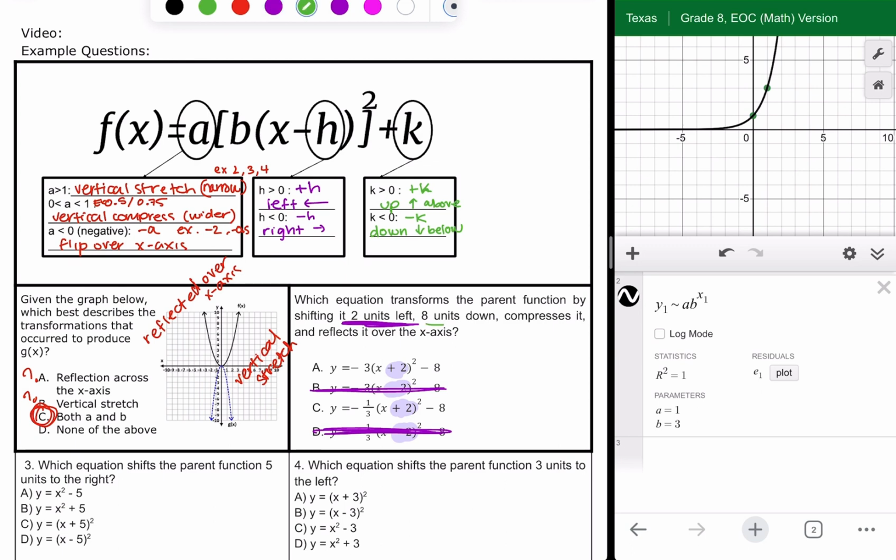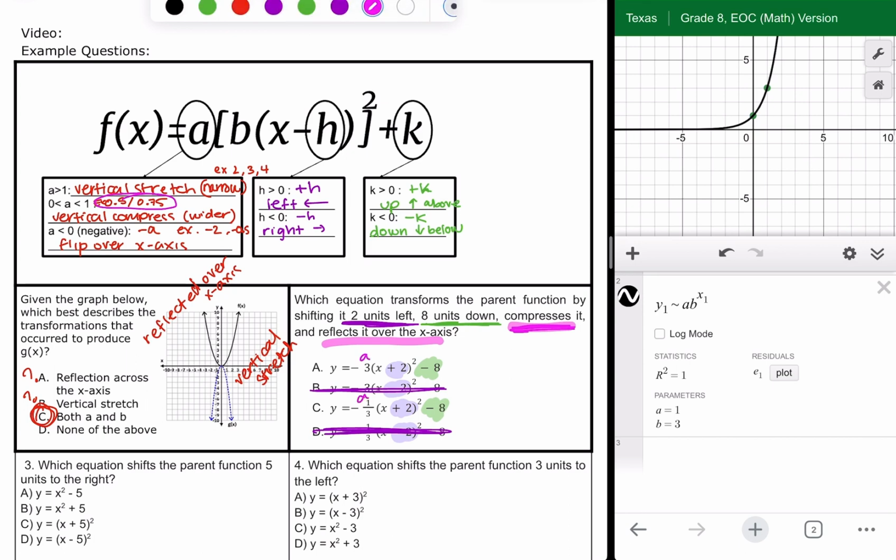Then we have 8 units down. So I know it has to be k on the outside, and it has to be -8. They're both good. Then it says compressed and reflected across the x-axis. Compressed means a decimal, like 0 point something.